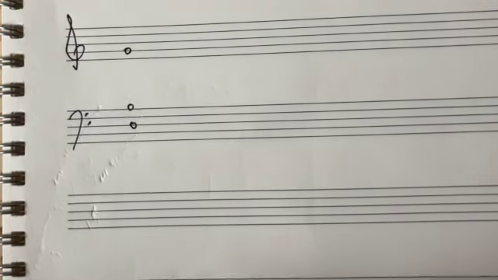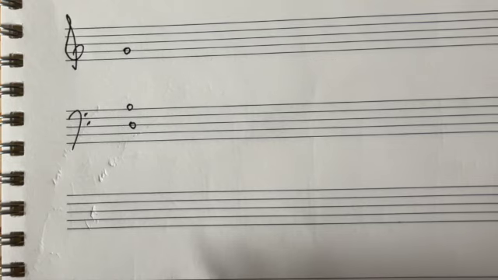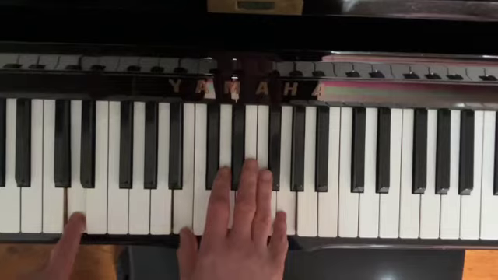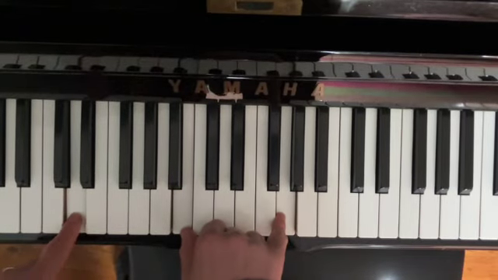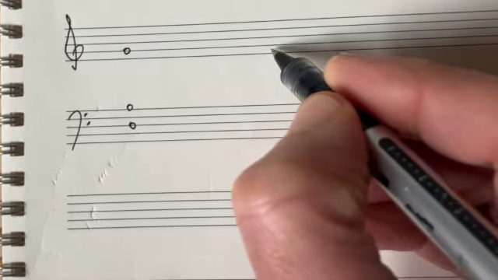Okay, so let's say you've got a G major chord like that. We're going to leave the root out for the moment, just to make it a bit more interesting. Then you've got to get to here.